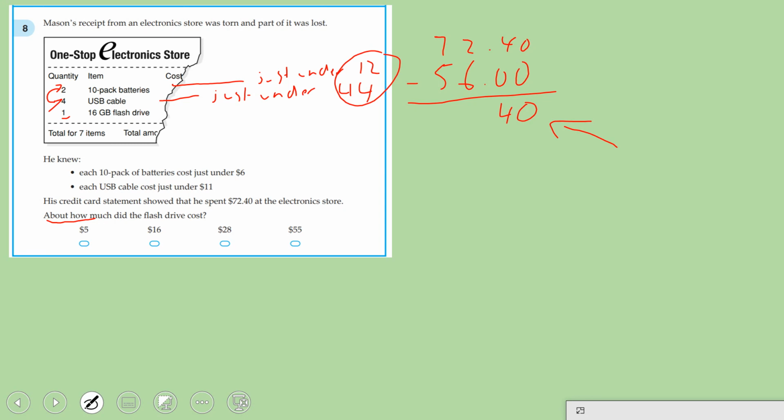They cost just under $56, because just under 12 and just under 44 will mean just under 56. So 12 take 6 is 6, 6 take 5 is 1, $16.40. So it would cost a little bit more than $16. Obviously none of our guesses are going to be exactly right, but it asked for about, and our answer is about $16.